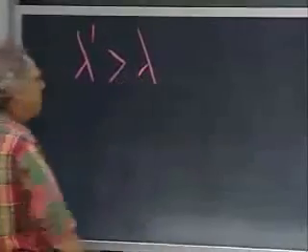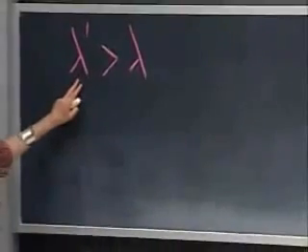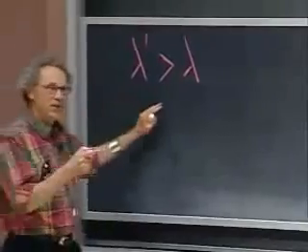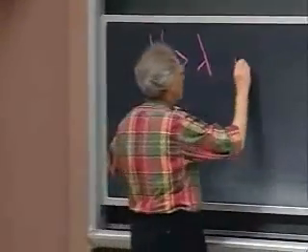If a particular discrete wavelength in our own laboratory would be 5,000 angstrom, and I look at the star and I see that that wavelength is longer, lambda prime is larger than lambda, that means the wavelength, the way I observe it, is shifted towards longer wavelengths, in the direction of the red, and we call that redshift.